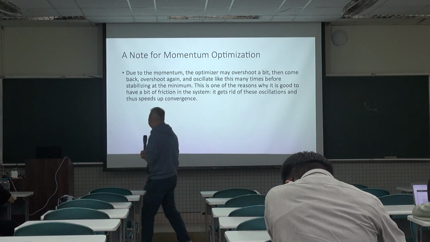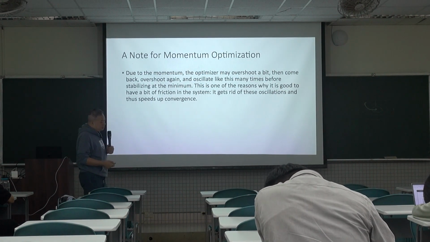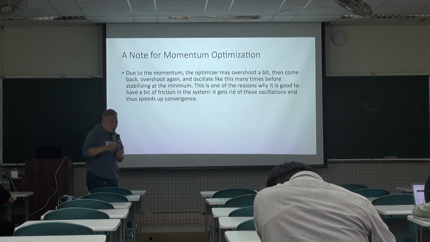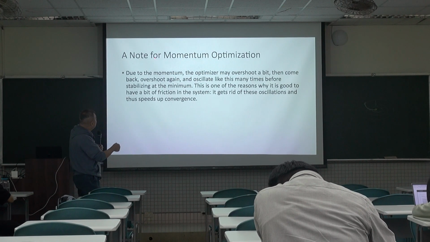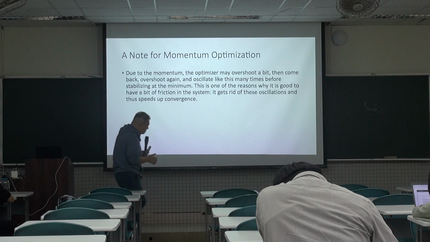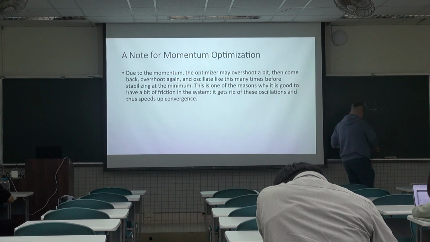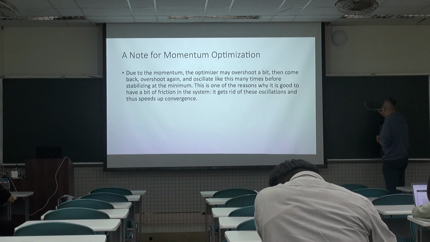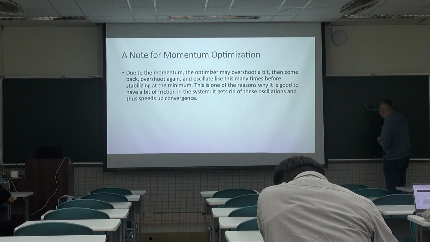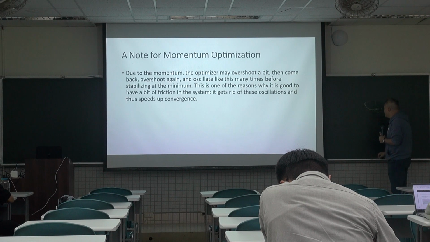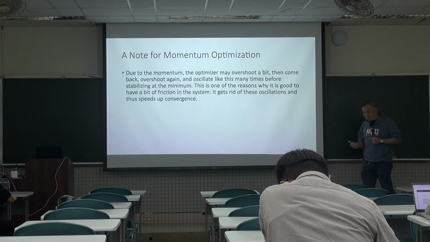But of course, there are also some disadvantages. Just like if you use a larger learning rate, the optimizer may overshoot a bit. When you reach this local minimum, it may go too fast to here, and then you come back. So it's going to oscillate near the optimal location, just like with a bigger learning rate.